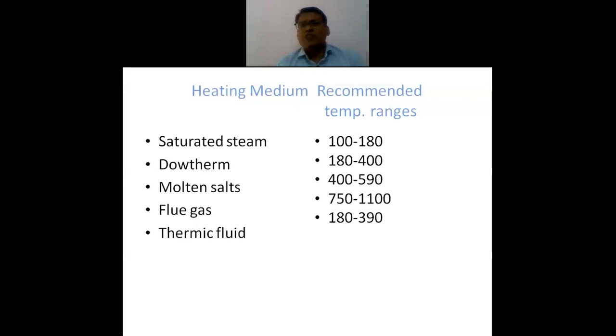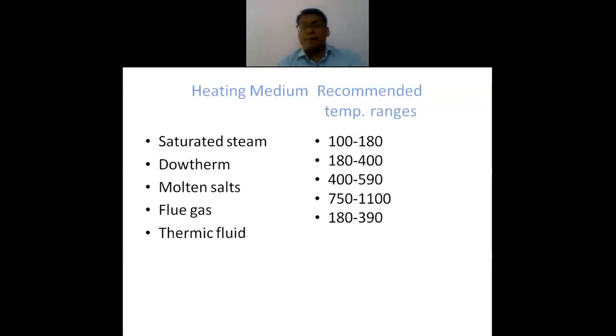If I have only steam, then I can go for higher pressures and higher temperatures. But if the diatherm or other thermic fluid is available in my plant as a utility, then I can preferably select the diatherm or heating fluid from 150 degrees also.